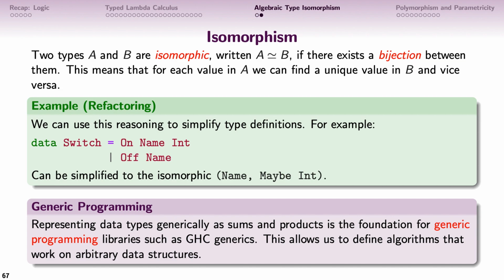So it translates your type into the basic building blocks and then defines the algorithm on those. This allows you to write an algorithm that works on any data type, provided it's defined for sums and defined for products and defined for functions and defined for all of the basic ingredients. And that's how we get our deriving instances.